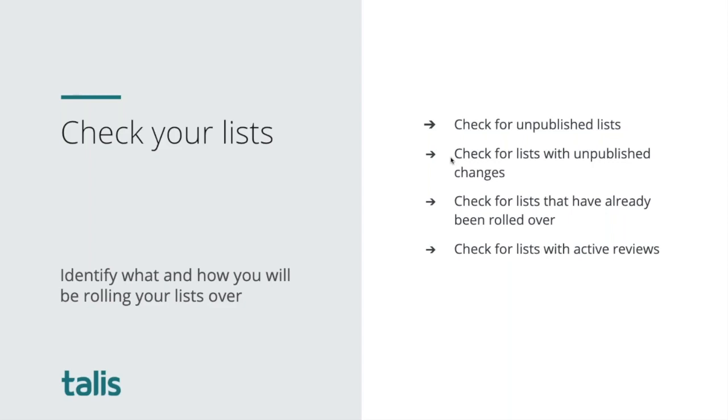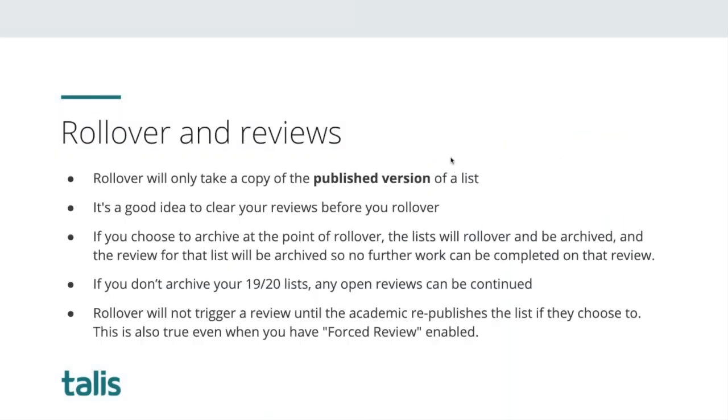This is particularly important if you are rolling over and archiving that list. So we do have a few more information on this. As we've said, rollover will only take a copy of the published version of the list. And it's a good idea to clear your reviews before you roll over, just so that you make sure that your reviews area is nice and tidy and it only contains the reviews that you're actually going to get to.